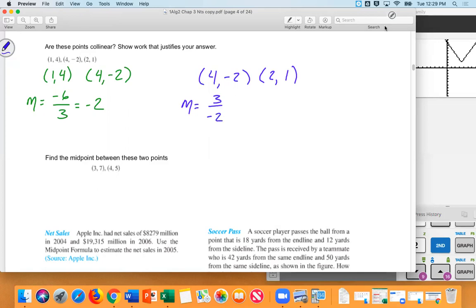Huh, look at that. I can stop, right? Why can I stop? Because they don't have the same slope. How can they be on the same line if they don't have the same slope? I'm done. It's impossible.